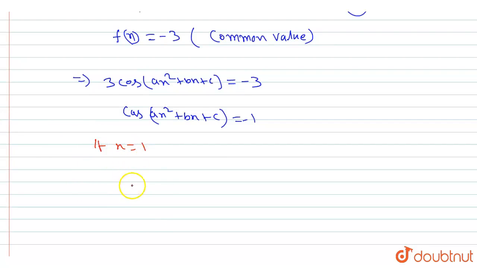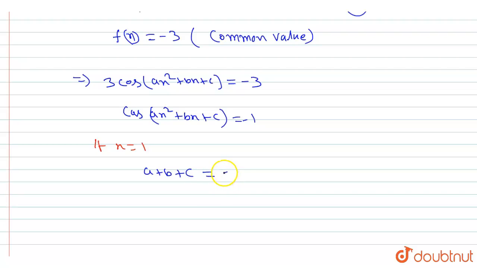If x equal to 1, then ax² means a plus b plus c is equal to 3π. How 3π?